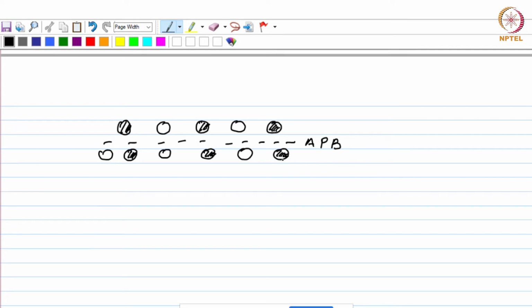Okay, and as a result of this, the dislocations will actually split into two ordinary dislocations.